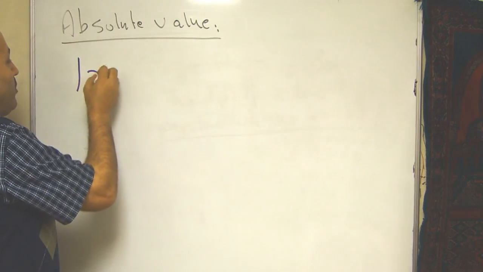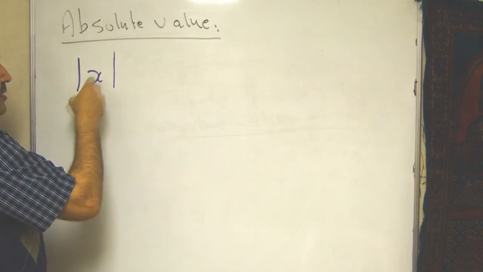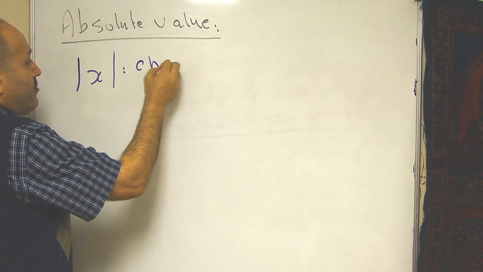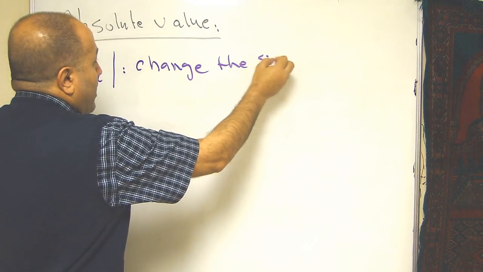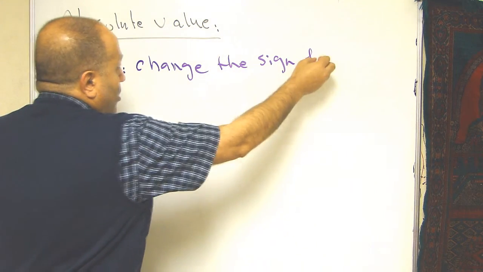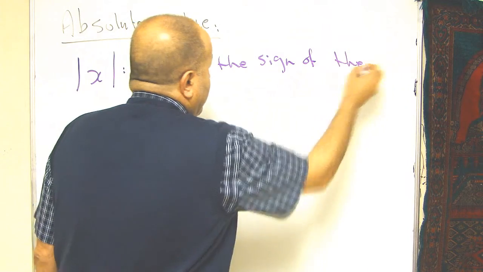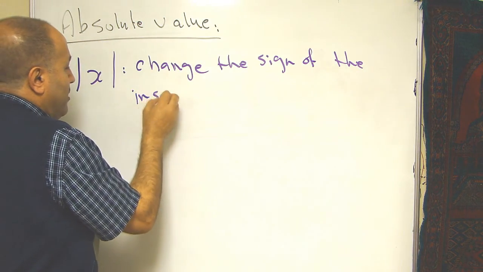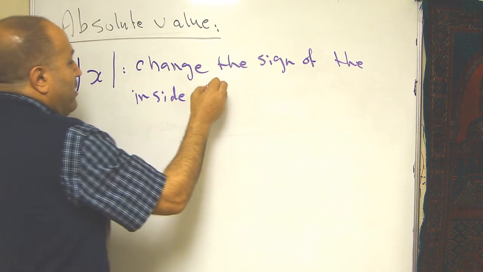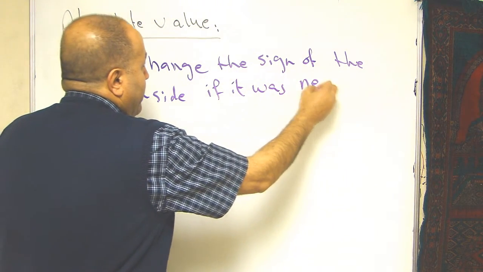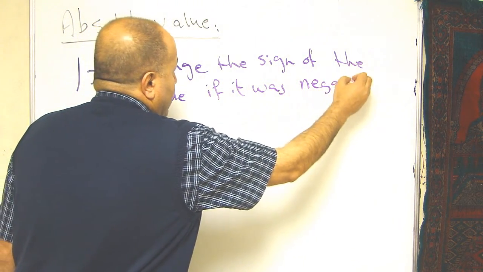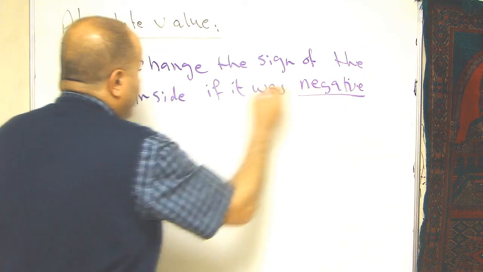So we have to keep in our minds, when we write the absolute value, it means to change the sign of the inside if it was a negative value.